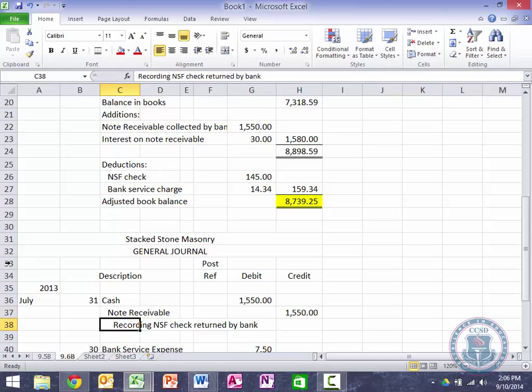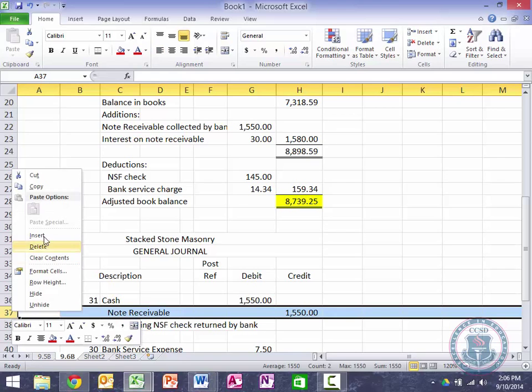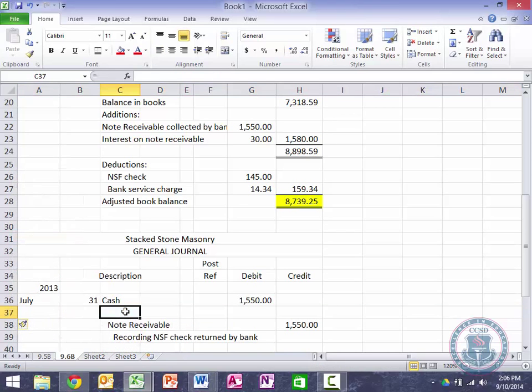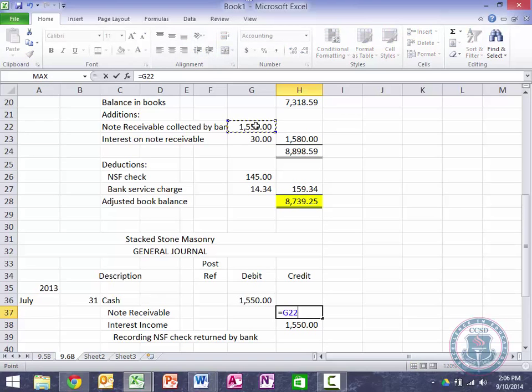What else came in? As part of that note, we had interest income. So we're going to bring over this $1,550 and this $30, and add those two up.